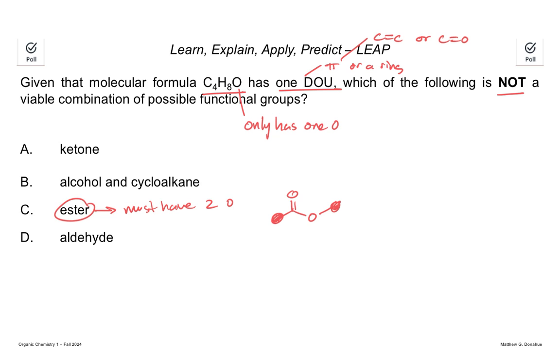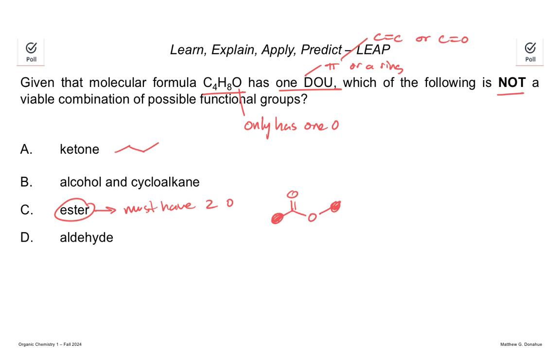The last slide is questions, but I'll just stay on this slide to help kick us off now that we have more information. How can we take C4H8O and let's draw a ketone? So there's 4 carbons.